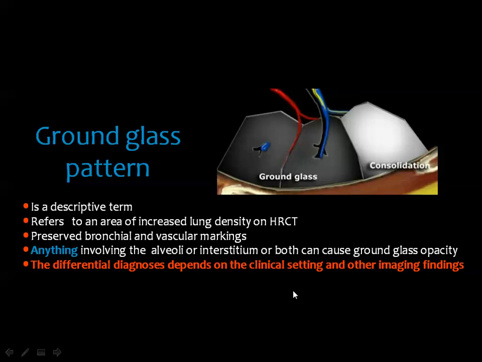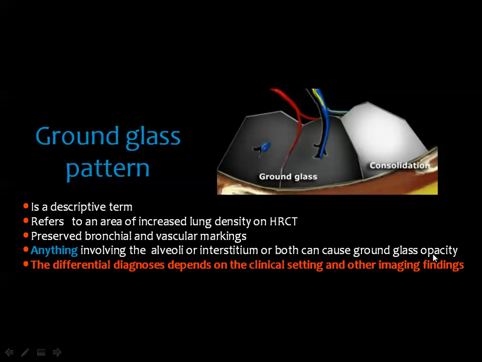I have mentioned that the ground glass pattern is not a specific pattern, but it is a descriptive term which indicates that there is increase in the density of the lung with preserved bronchial and vascular markings. You should remember that anything involving the alveoli or the interstitium or both can cause ground glass opacity.